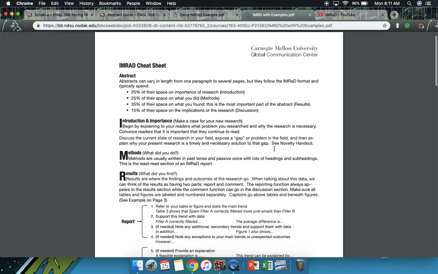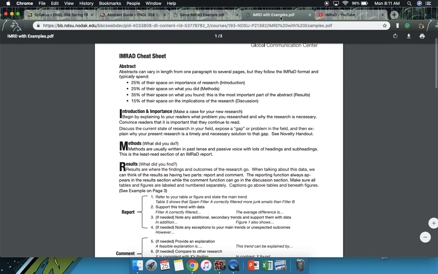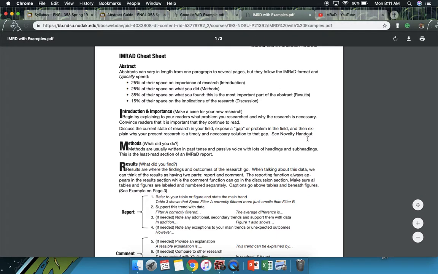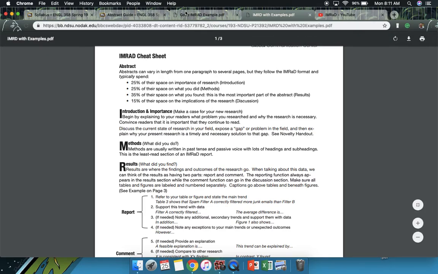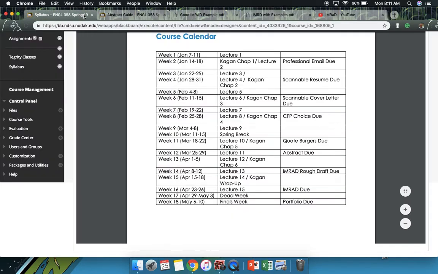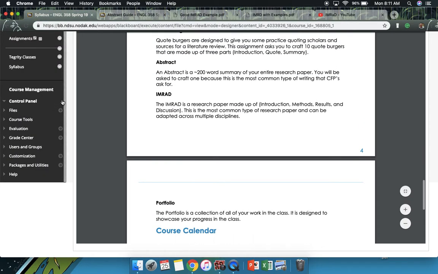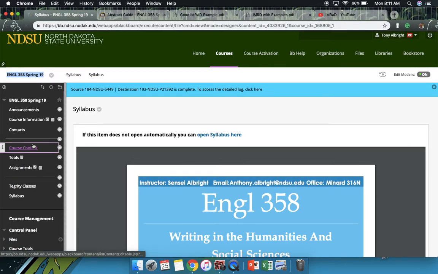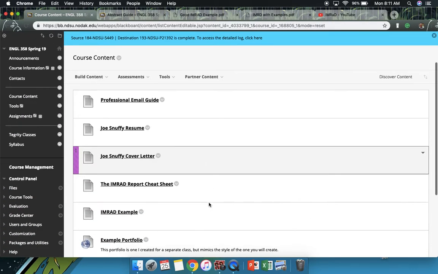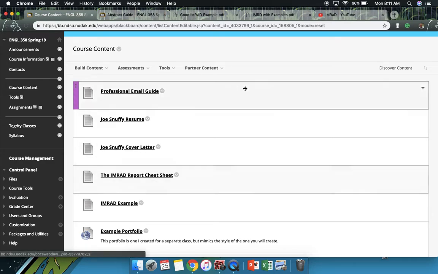So we've got a cheat sheet here from Carnegie Mellon for you that shows you exactly the structure and what each part does. This is in Blackboard. So if you go to the course content section, right, you will see the IMRAD report cheat sheet right here.